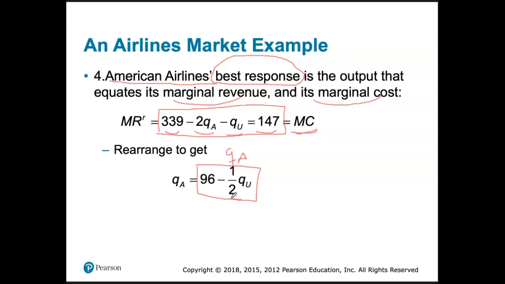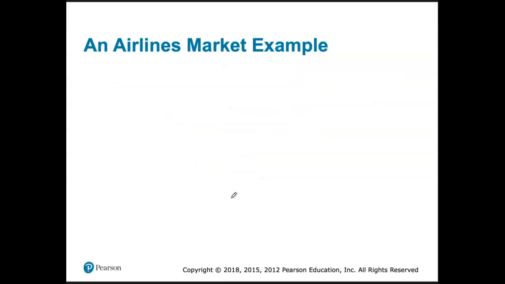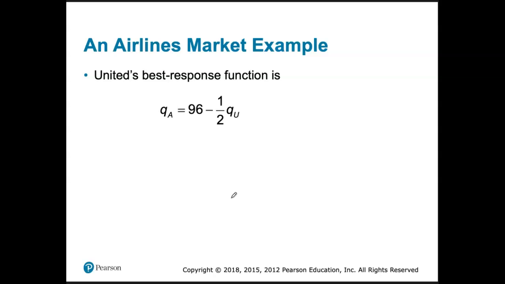Moving on, since we held the assumption that both firms are identical in terms of their cost functions, and since both firms are identical in terms of the products they end up producing, we will have the same best response function for United Airlines. So for United Airlines, their response function will also look like this.